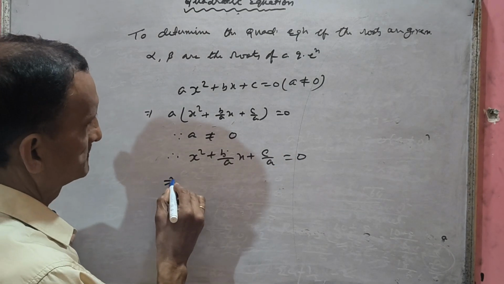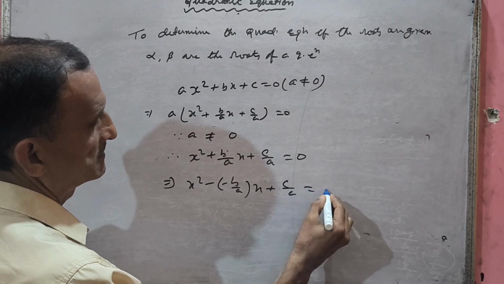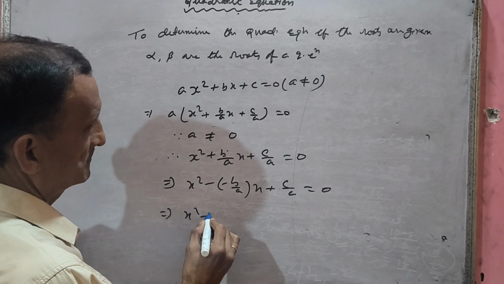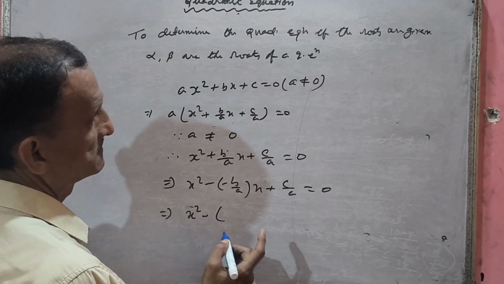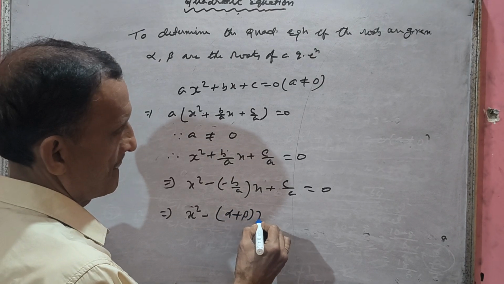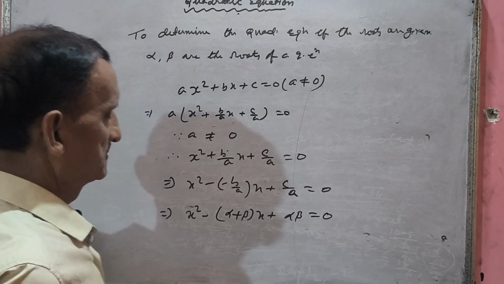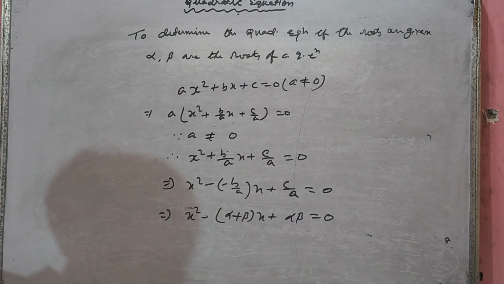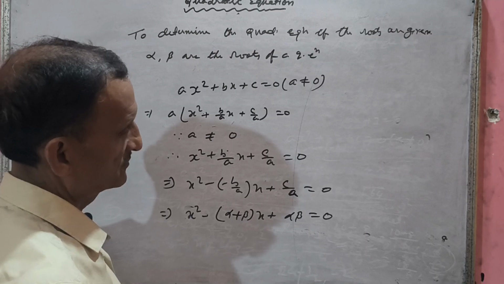Can you write this as x square minus, minus b by a, into x plus c by a. What is minus b by a? Already we have discovered, the sum of roots. We have already derived the product of roots. So this is the formula to form a quadratic equation if the roots are given. If roots are alpha and beta, then the quadratic equation you can form is x square minus sum of roots into x plus product of roots.